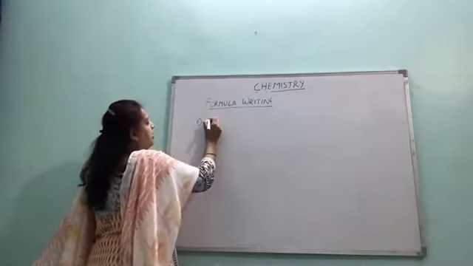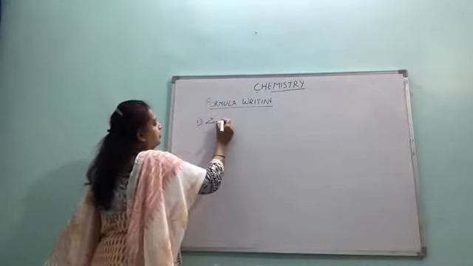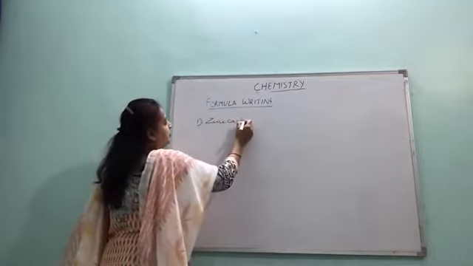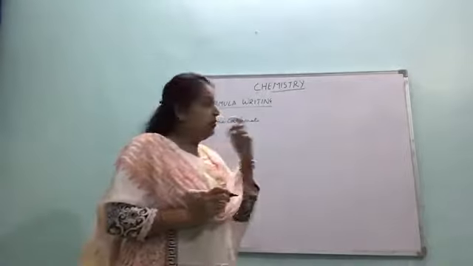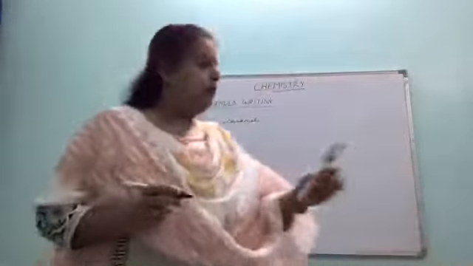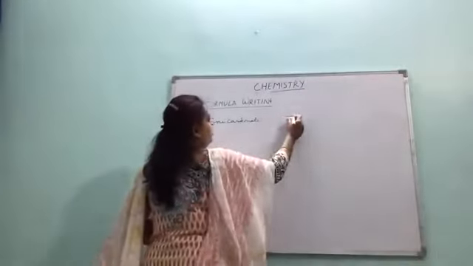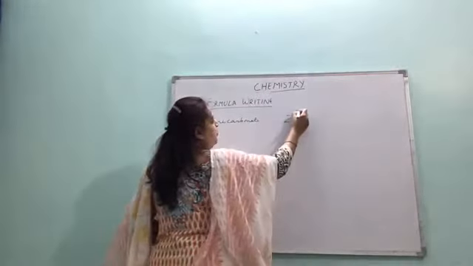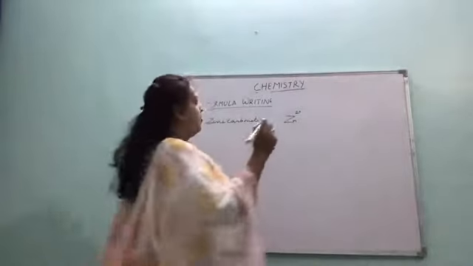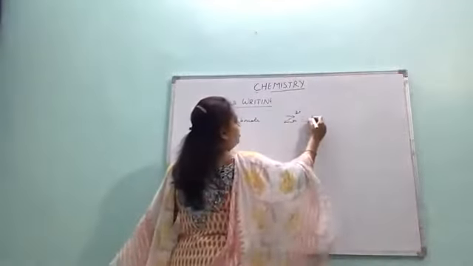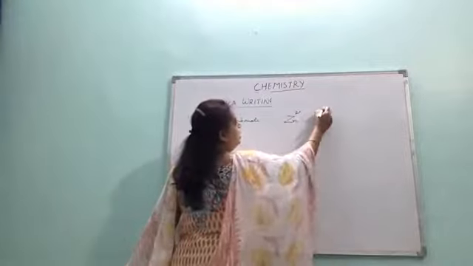Say zinc carbonate. Well, I'll be showing you the crisscross method, but then you can do it mentally also, no problem. Zinc 2 positive. Positive is always written first as a rule, and carbonate 2 negative.